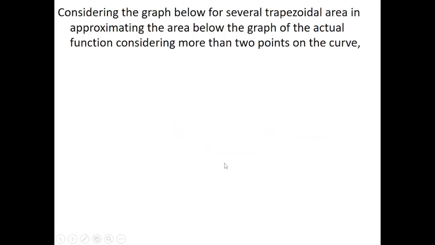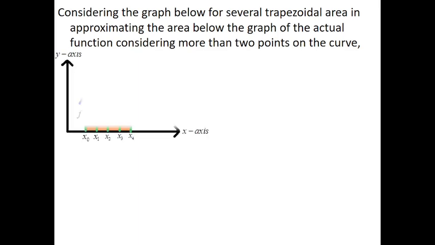So considering the graph below for several trapezoidal areas in approximating the area below the graph of the actual function, considering more than 2 points on the curve. As you notice here, we have the graph of the actual function. So there are several trapezoidal areas. So we considered more than 2 points on the curve.